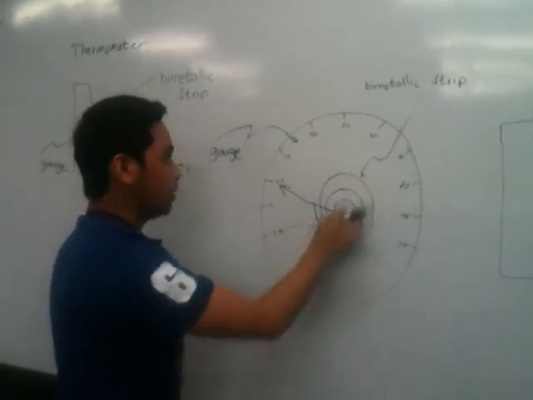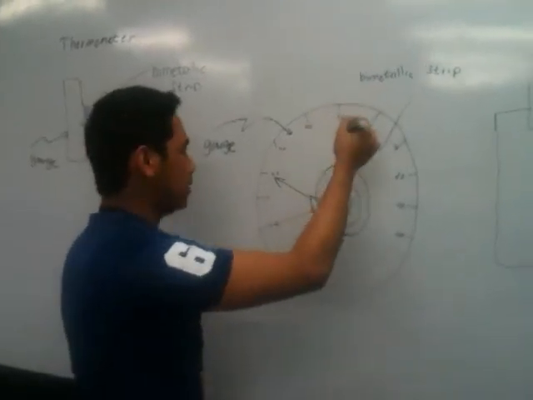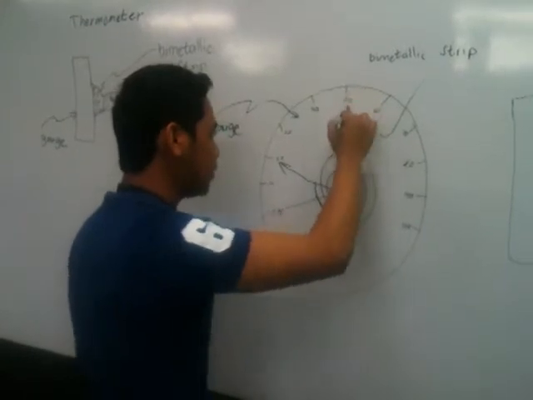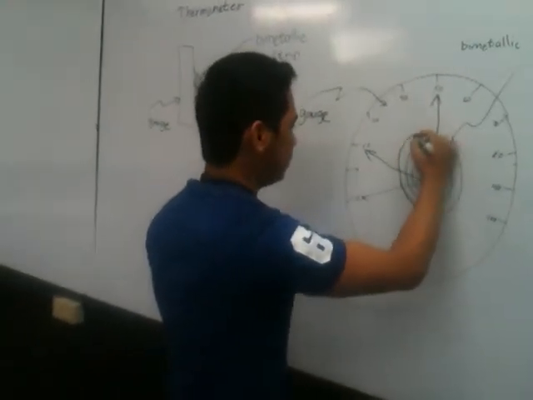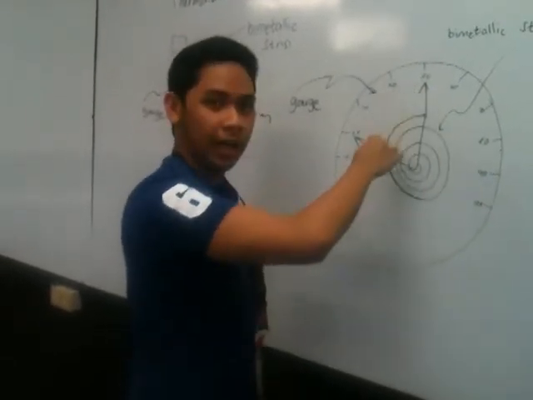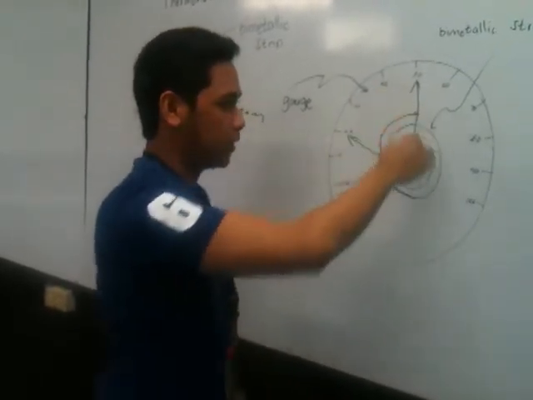Here is the bimetallic strip. When it is heated and the temperature rises to 50 degrees Celsius, the bimetallic strip will expand and force the pointer to move in this direction.